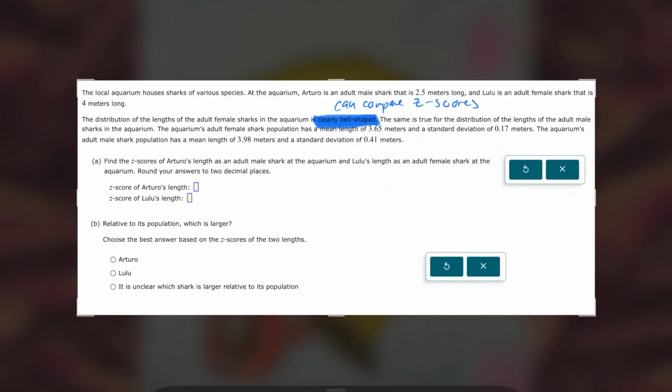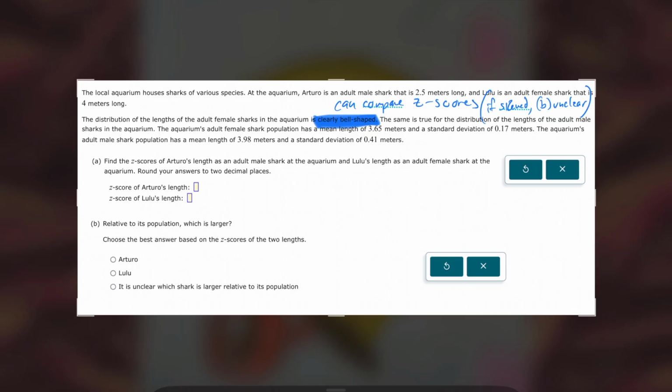If it said clearly skewed, then this is going to be your answer for part B, okay? You cannot compare them if it's skewed. So that is the first thing you want to check, or the last thing you want to check, when you're doing part B: you can only compare them if it is bell-shaped. So if skewed, part B is unclear.